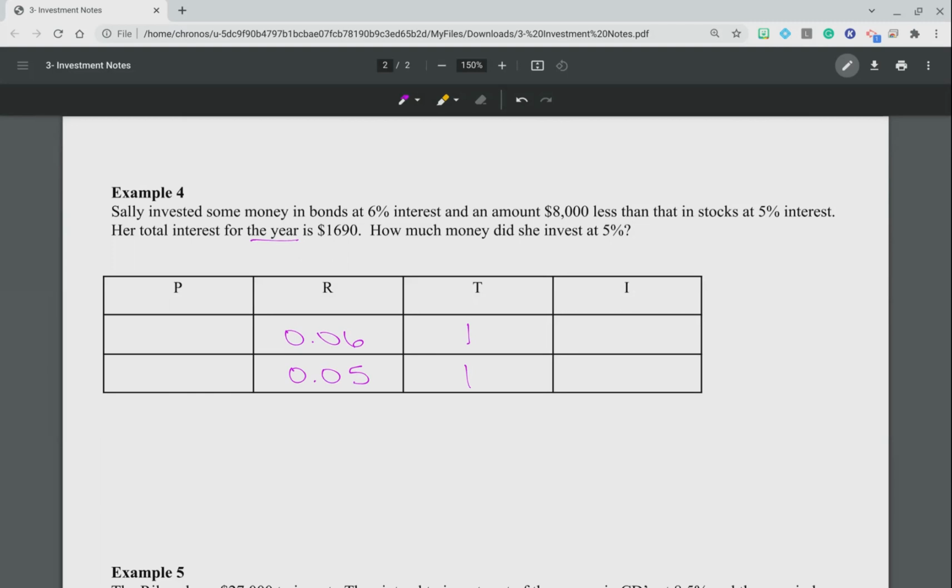So let's see. She invested some money at 6%. We don't know how much, so we're going to say X. And then it says she invested an amount $8,000 less than that at 5%. So whatever number she invested at 6%, she invested $8,000 less than that at 5%.